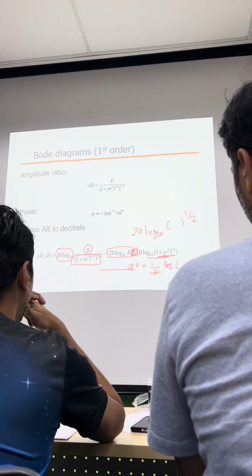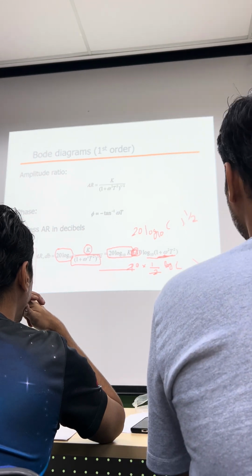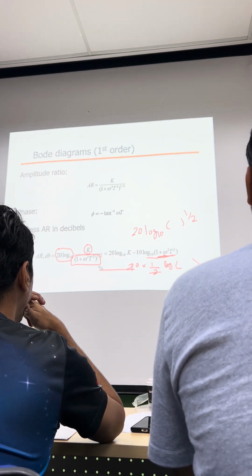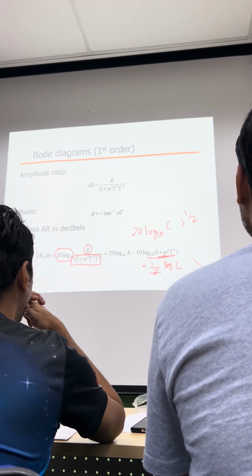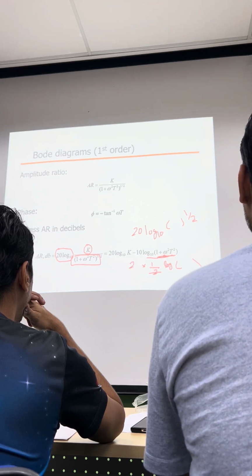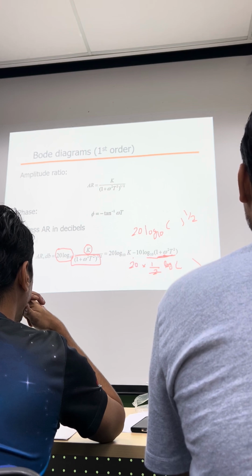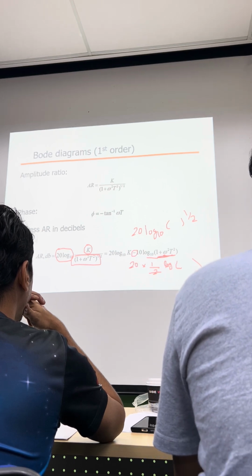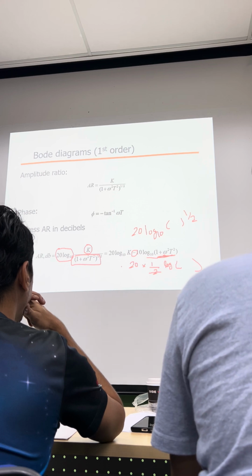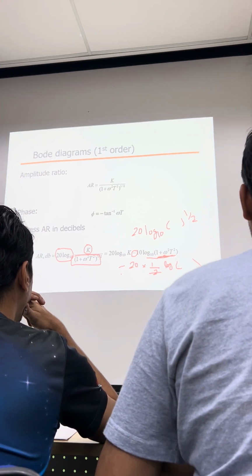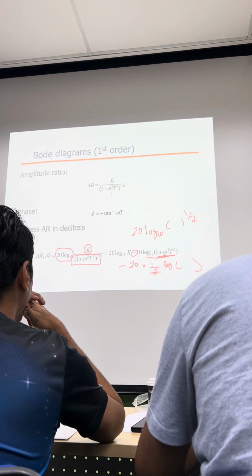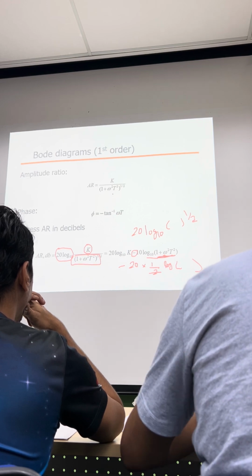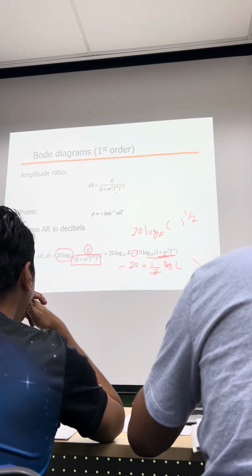Okay, question, because I try to do everything over here instead of writing on the board. So are we good? You know why minus is coming. In some cases the transfer function doesn't have a denominator, it can be a numerator. So what you need to do is plus over there.